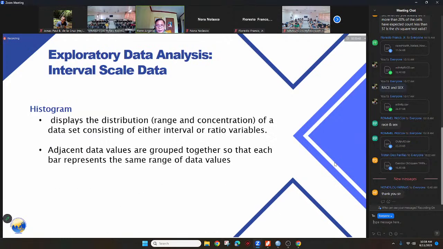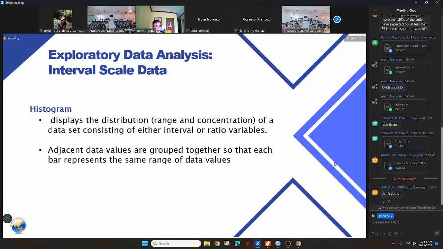Adjacent data values are grouped together so that each bar represents the same range of data values. I think there was a question yesterday about constructing the histogram. If you're going to use, for example, Excel, we can construct the frequency distribution because it's automatic.